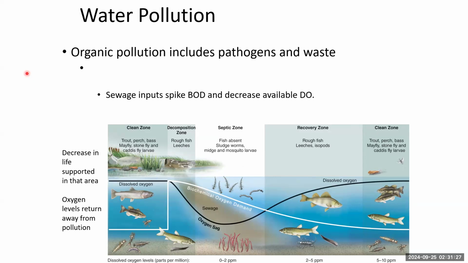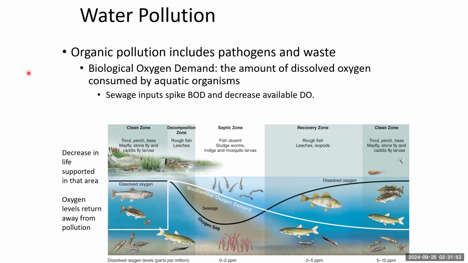When we say organic here, we mean more in the biomass organic sense rather than the organochemical sense, but organochemical pollution can also cause similar issues. One of the consequences of that introduction of organic pollution is that it can affect the biological oxygen demand of the aquatic environment.